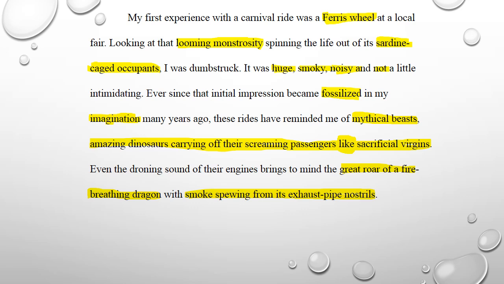Here is the metaphor, but up here, where he says dinosaurs carrying off their screaming passengers like a sacrificial virgin, this here is a simile. So you might want to look those up to get a better idea of how to use them in your paper, right?